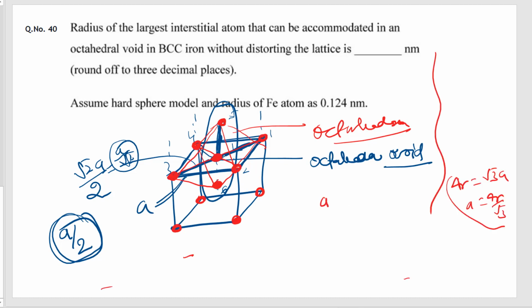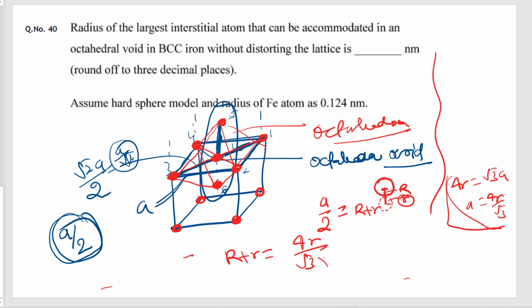So here guys, this A by 2 length will be what? This is your capital R and this is your small r, that is the radius of the octahedral void, right? So A by 2 equals R plus r. This means R plus r equals A by 2, and A in the case of BCC is 4R by root 3. So 4R by root 3 into 2.